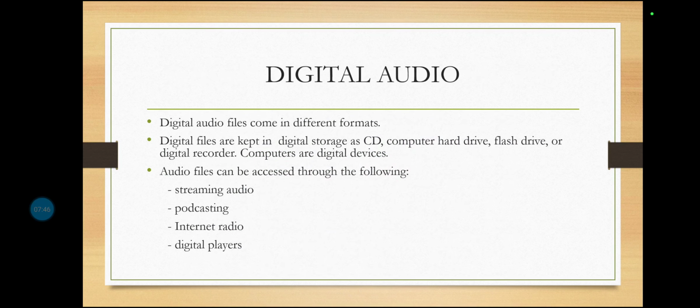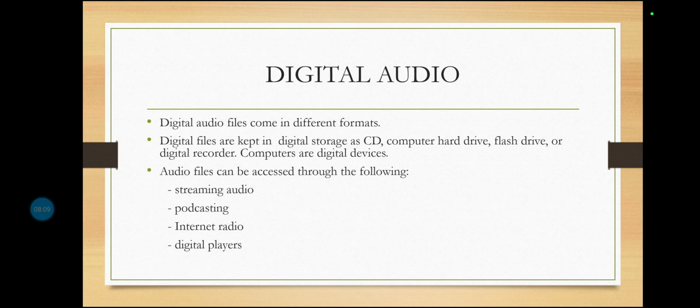Next is digital audio. So digital audio files come in different formats. We have wave files, MP3 files. Other audio formats are Windows Media Audio, Real Audio, or Musical Instrument Digital Interface.